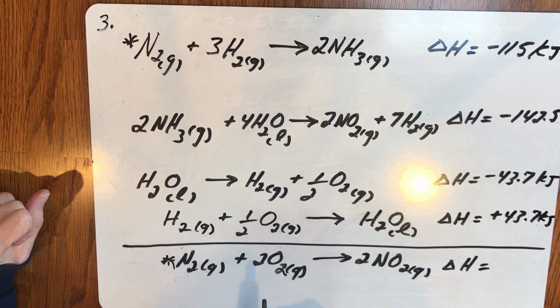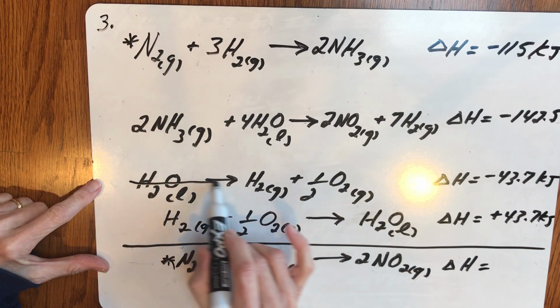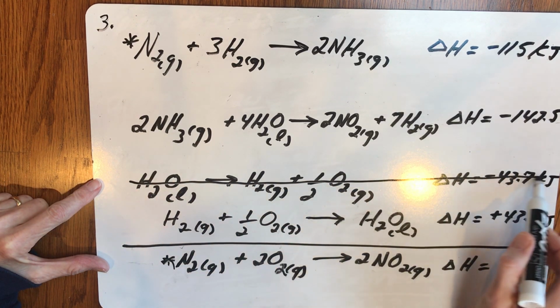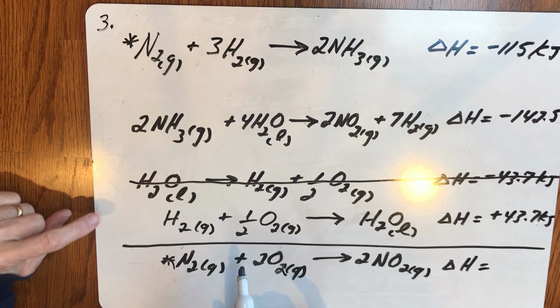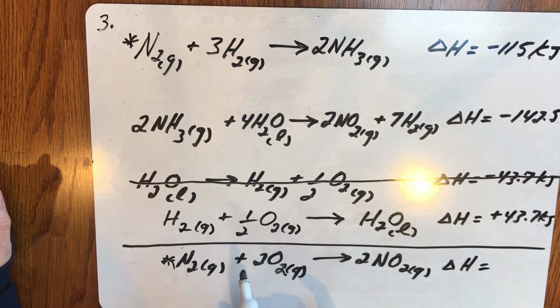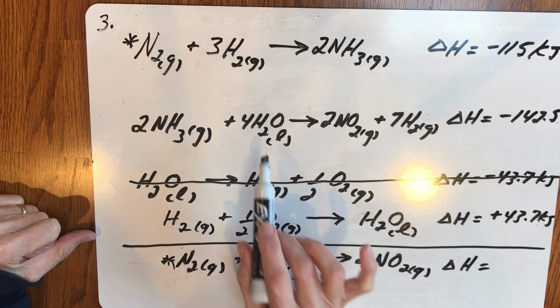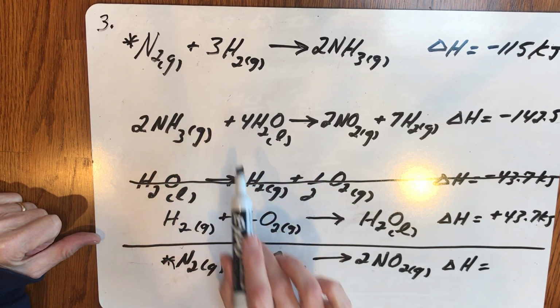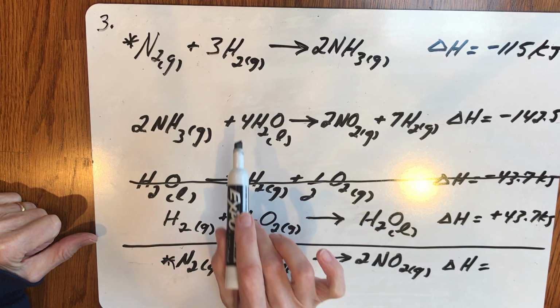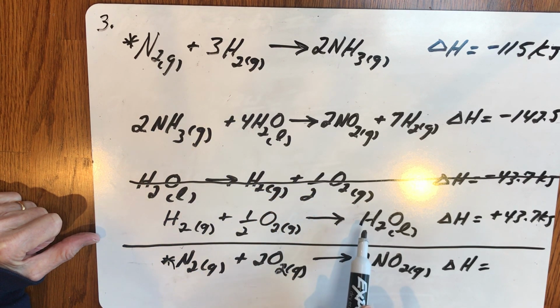So this reaction I'll get rid of, just like I did in that last example, because I'm not going to use it anymore. But now there's a problem, because although H2O doesn't occur here, it occurs here as a reactant, here as a product. But there's 4 here and only 1 here.